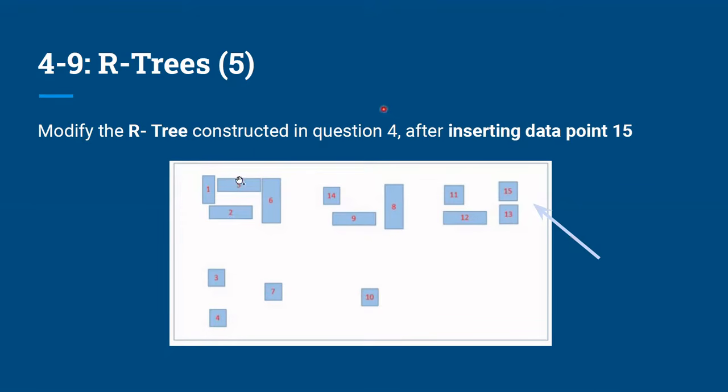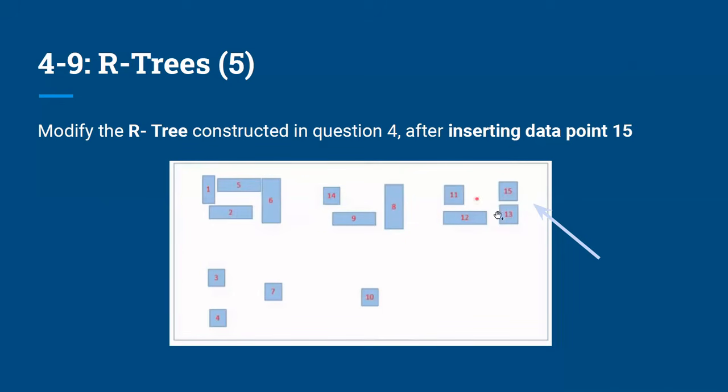Well, we can remember that once we had our original R tree, it had the following regions, right? Something like that. Points 1, 2, 5, 6 together, 14, 9, 8 grouped together, 11, 12, 13 together, and those 4 down there together, right?